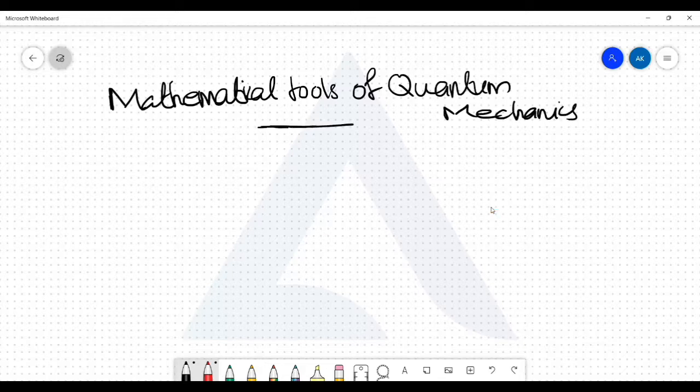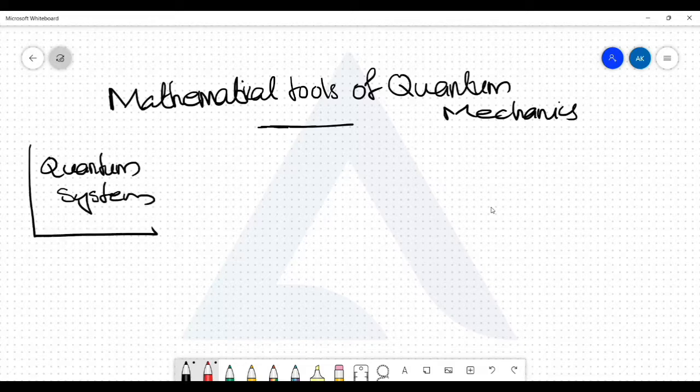Okay, I already told you that for every quantum system we have a wave function. If we consider a quantum system, say a 1D box, it is associated with a wave function.